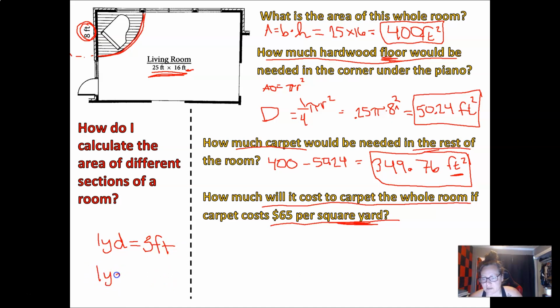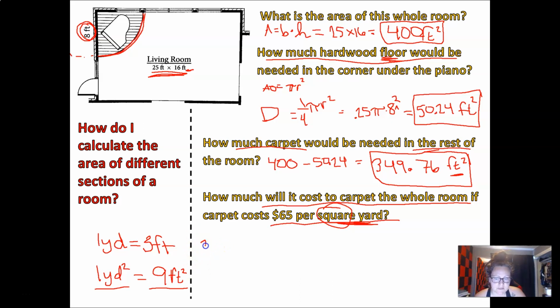Okay. So if I was talking about square yards, I would square it, which means I square the number of feet. So 3 squared is 9. So that's my conversion. 1 square yard is the same as 9 square feet. We learned this not too long before we left, but we did it with the miles per hour thing.